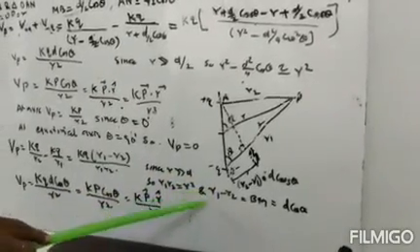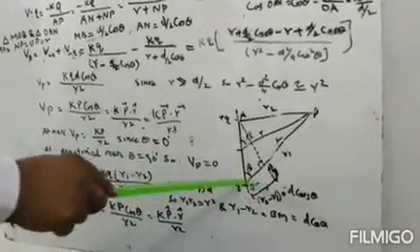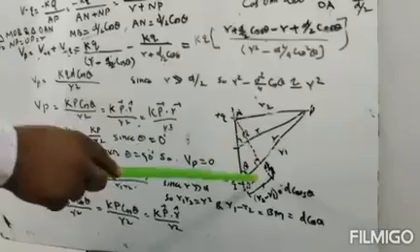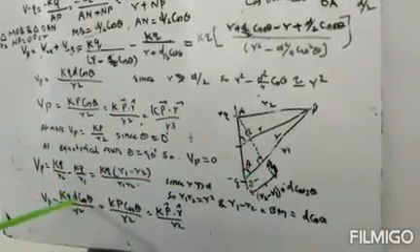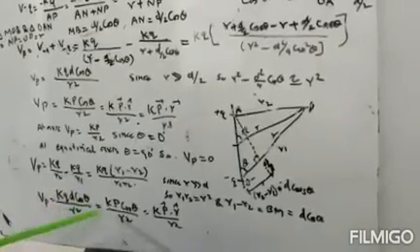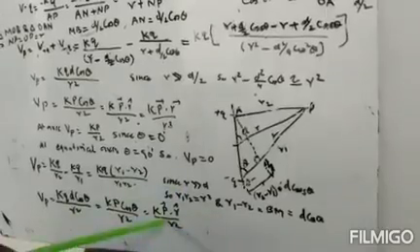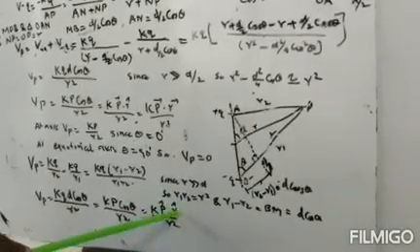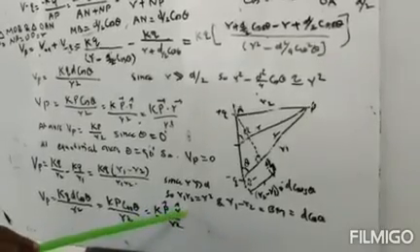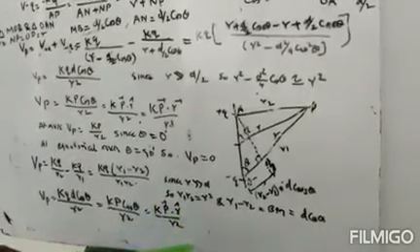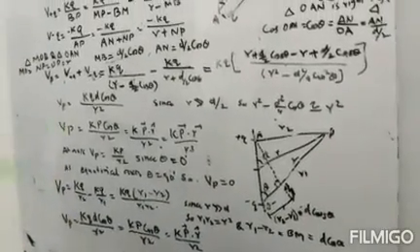Similarly R2 minus R1 is d cos theta. So potential will be equal to KQ into d cos theta over R square, which is equal to KP cos theta over R square, or this is equal to KP dot R cap over R square, or KP vector dot R vector over R cube. So this is a shorter method. We can also take another method to find that potential.